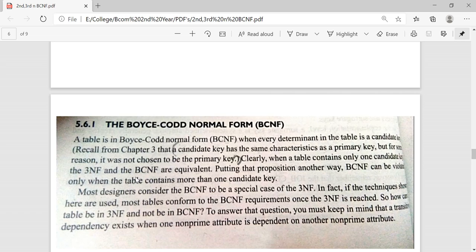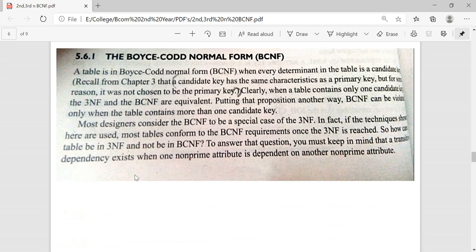You will say that a table is in BCNF when every determinant in the table is a candidate key.